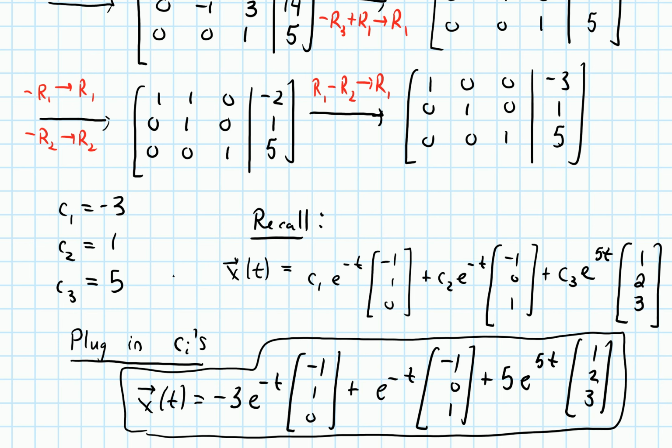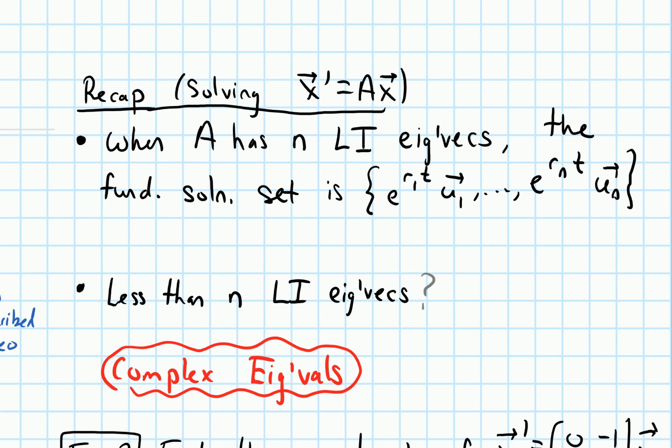I want to end this video now by recapping what the solution to these matrix ODEs looks like, depending on how many eigenvectors we have. So here is our recap. When we're solving this matrix ODE, x prime equals Ax, we're going to be dealing with the case where A has n linearly independent eigenvectors, pretty much exclusively.